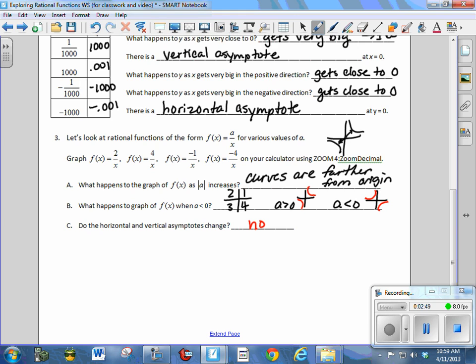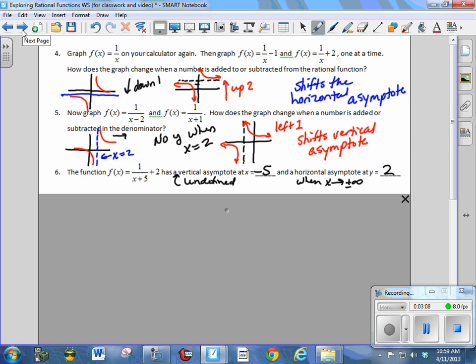When a becomes negative, we switch from having the curves in quadrants 1 and 3 to having the curves in quadrants 2 and 4. The horizontal and vertical asymptotes, though, still remain on the x and y axis. But when we move on to the next problem, you'll see that the asymptotes start to change.